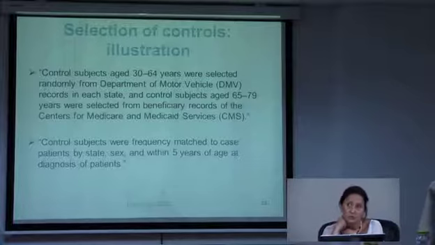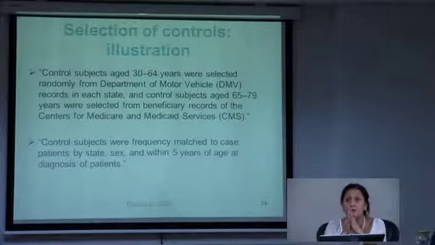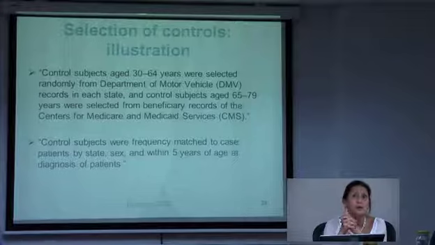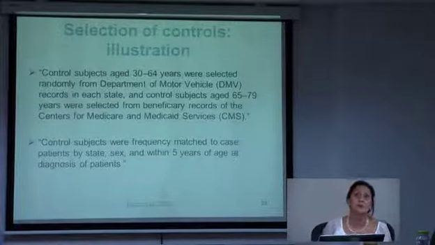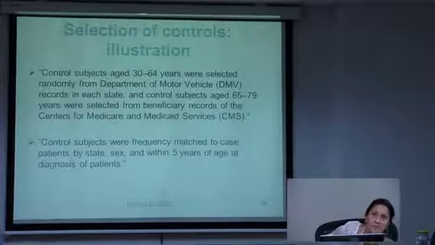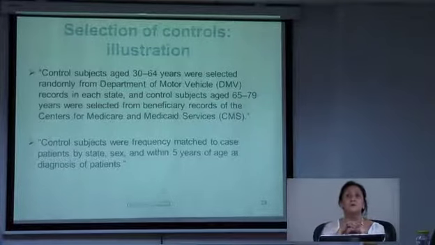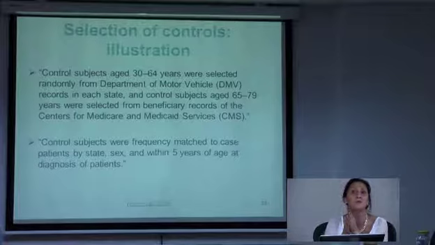First, let me go back to the article and see how they selected their controls. It's a very interesting, well-done article. Control subjects age 30 to 64 were selected randomly from Department of Motor Vehicles (DMV) records in each state, and control subjects age 65 to 79 were selected from beneficiary records of the Centers for Medicare and Medicaid Services.